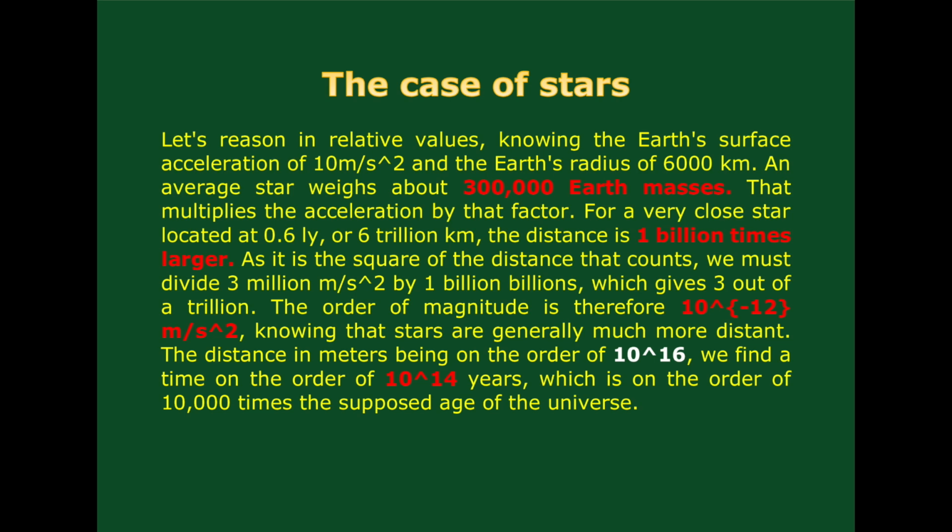The order of magnitude is therefore 10 to the power minus 12 meters per square second, knowing that stars are generally much more distant. The distance in meters being of the order of 10 to the power 16, we find the time of the order of 10 to the power 14 years, which is of the order of 10,000 times the supposed age of the universe.